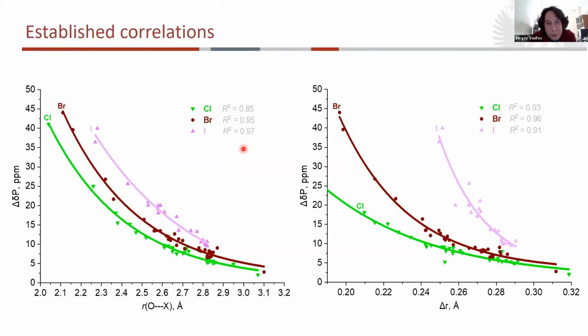I think that for bromine it's just tricky by eye, it seems to be so because the horizontal scale is much different from the scale on this one. Not so different, by the way.